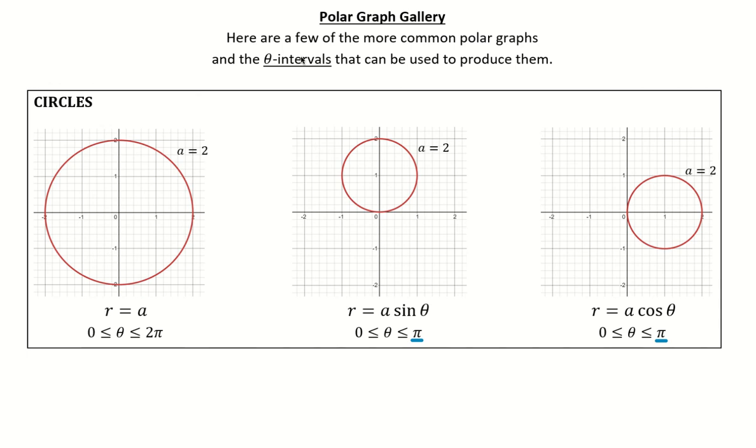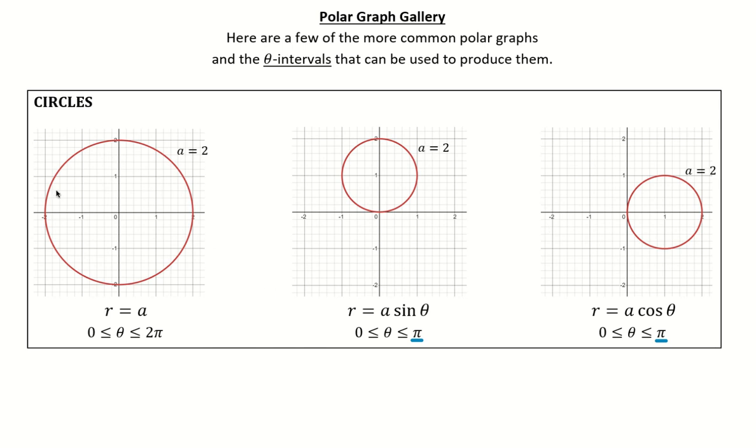Here are a few of the more common polar graphs and the theta intervals that can be used to produce them. This is actually a pretty big detail to keep in mind as we move forward and as we look ahead to the homework.